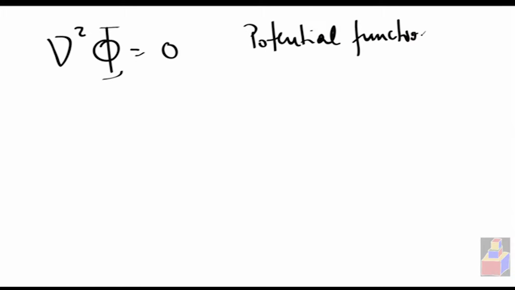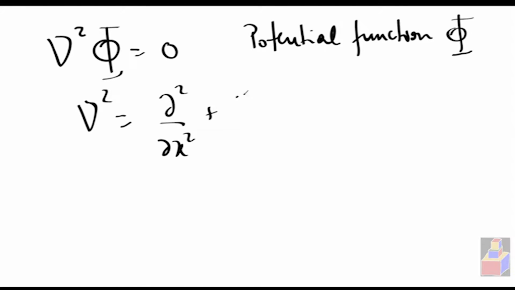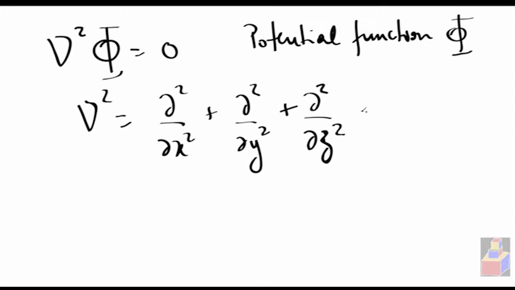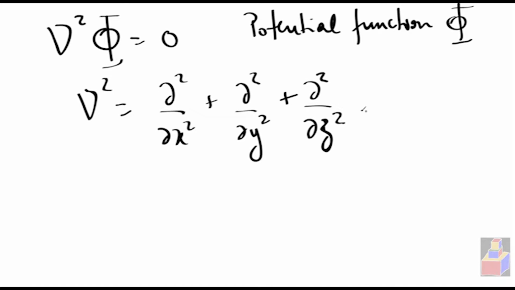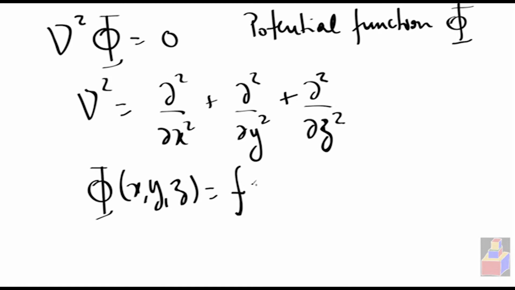So we have the potential function phi. And in Cartesian coordinates, the Laplacian is an operator that has second derivatives, like so. We are looking into the possibility of our potential function being separable as a product of three one-dimensional functions.